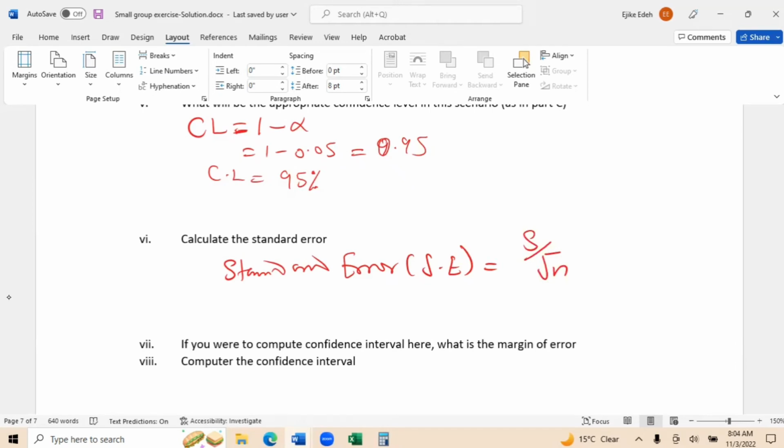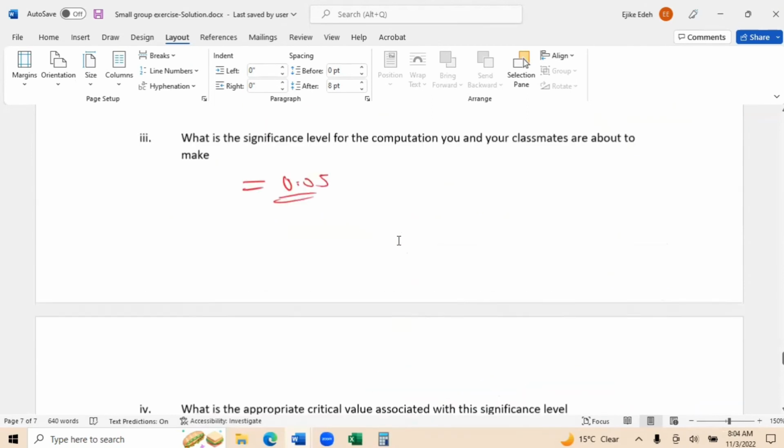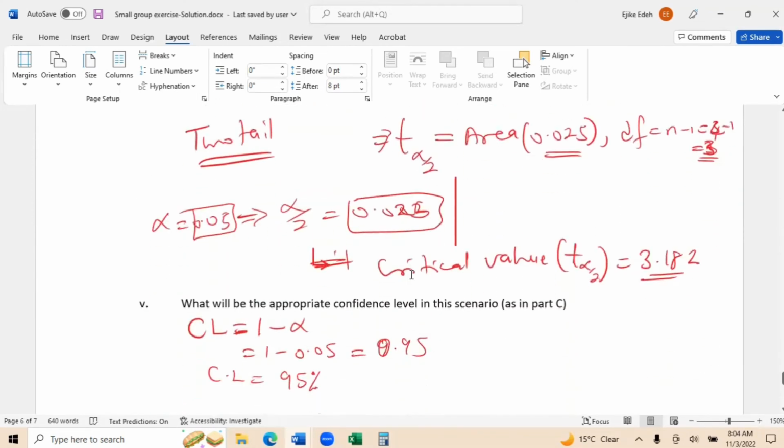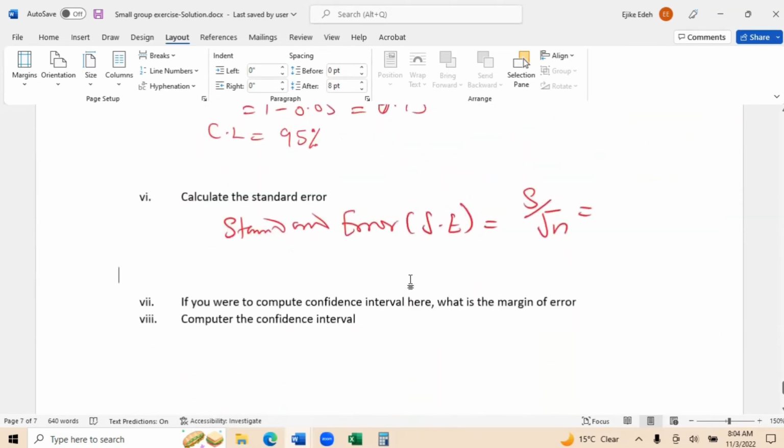So we already got our standard deviation and we have it here as 2.0187. So here we just have 2.0187 divided by square root of n, and n is 4, right?